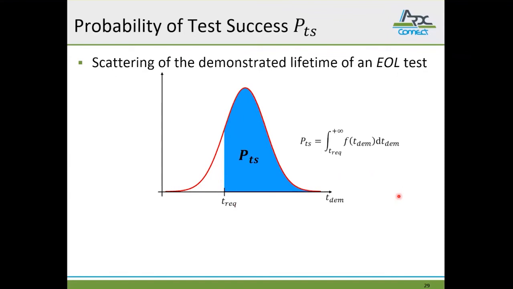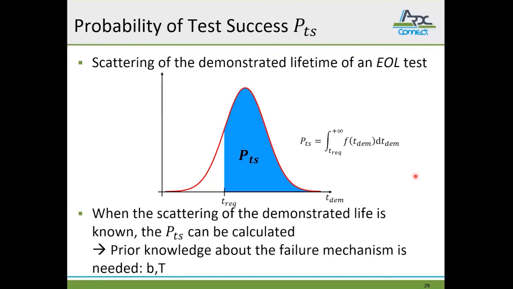It can be formulated via an integral. You can see it here, but we actually don't really have to calculate it in any analytical form, more about that later. The main key point here is, if we have prior knowledge about the failure mechanisms or the failure distribution of the product, the scattering of the demonstrated life can be calculated, and therefore the probability of test success can be calculated.